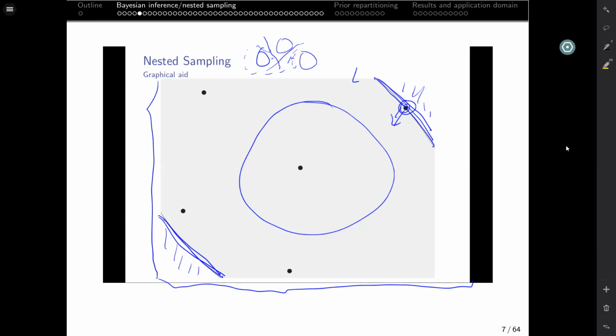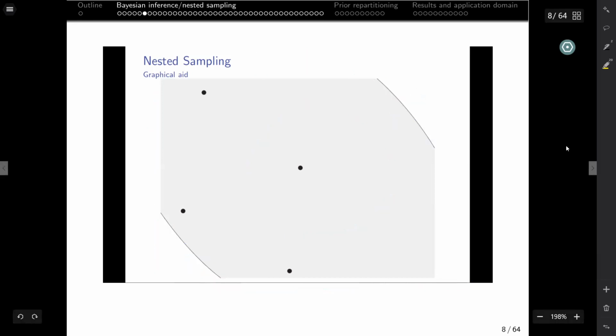Okay. Then we discard that point with the lowest likelihood. And then we resample a new point, keeping the total number of random samples at 5, and resample another point within this constrained gray region and compute its weight again.